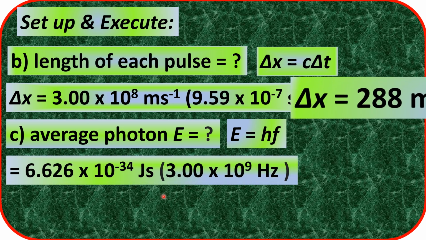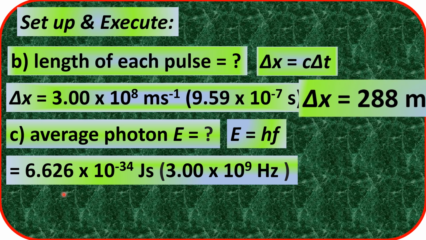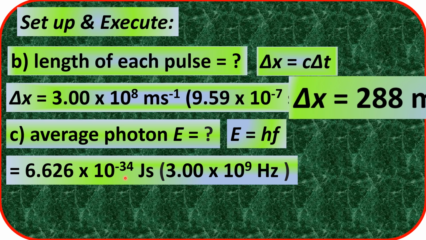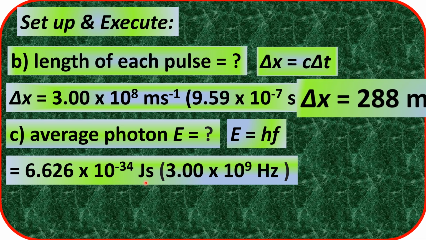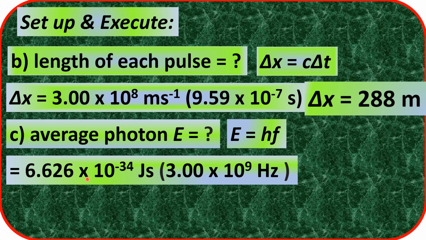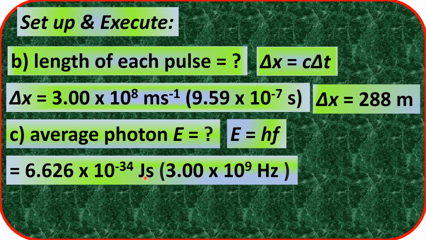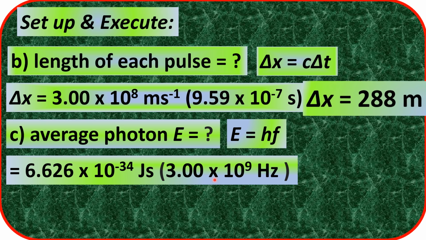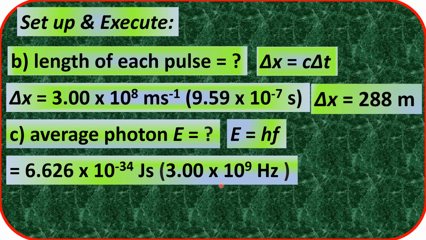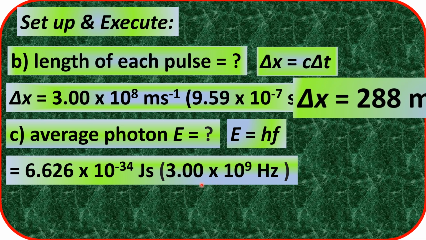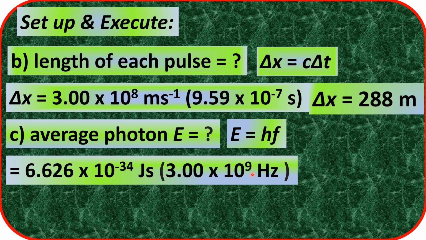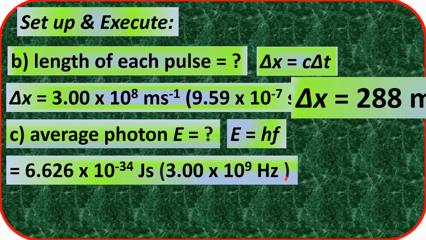The average photon energy is equal to 6.626 times 10 to the negative 34 joules second, that is the value of Planck's constant, multiplied by the given frequency of the radio wave pulse, which is 3.00 times 10 to the ninth power hertz.